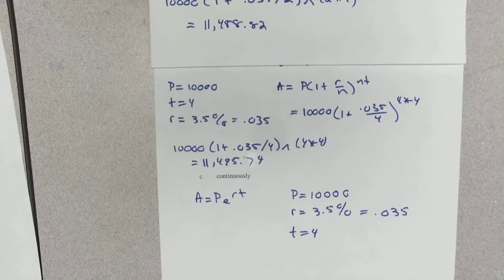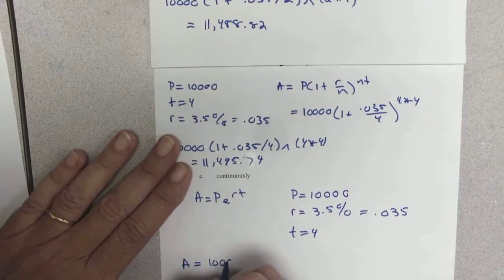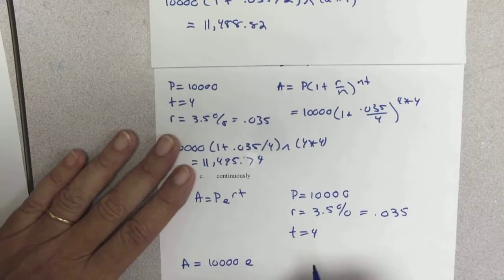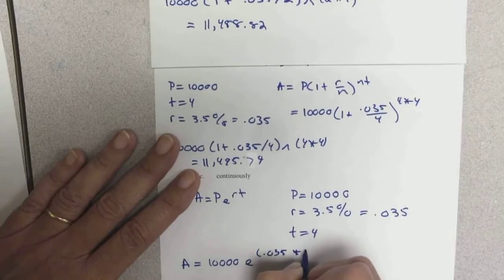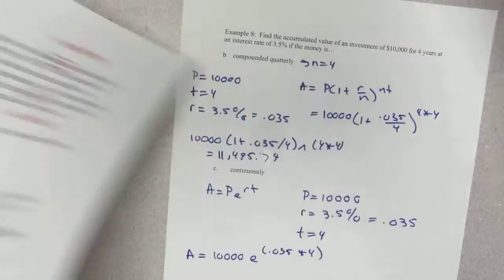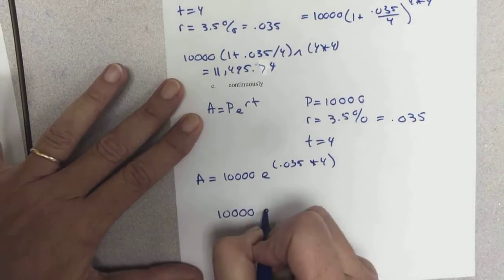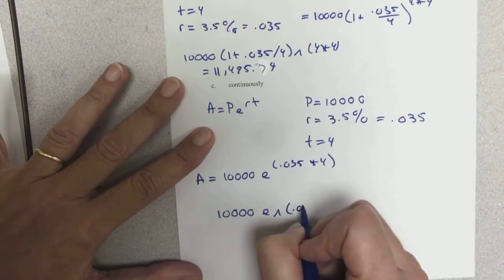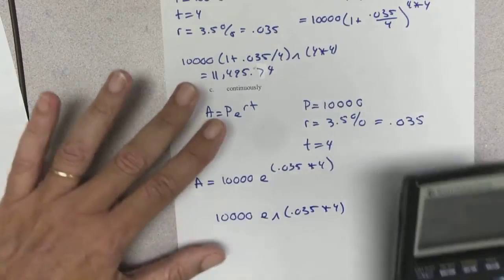And my time is still 4. So I'm going to have A equals 10,000 e raised to the 0.035 times 4. And again, just on a calculator. So very much just the way I see it.